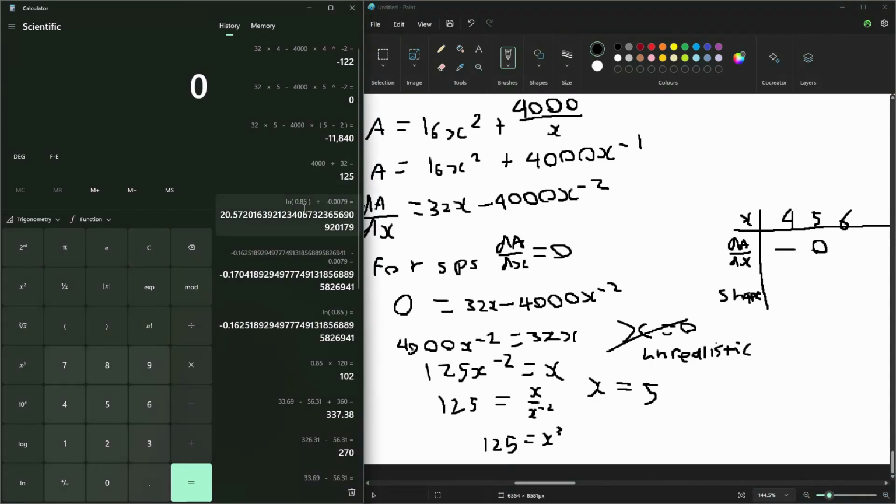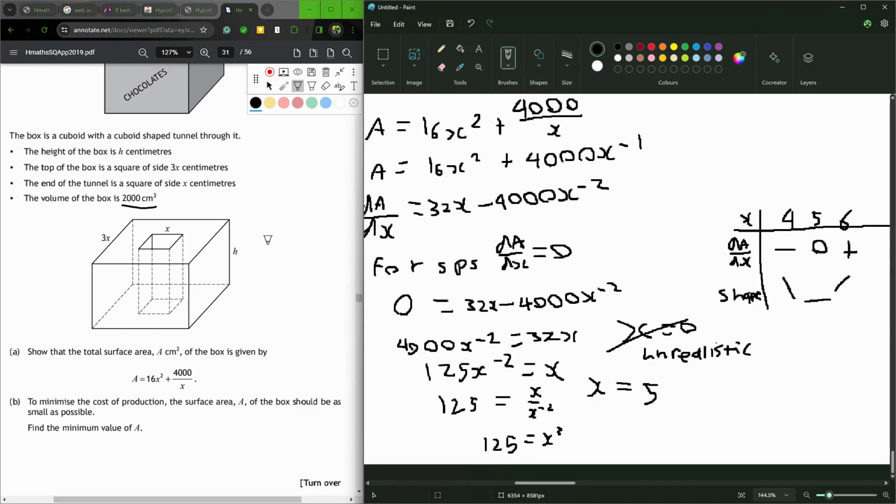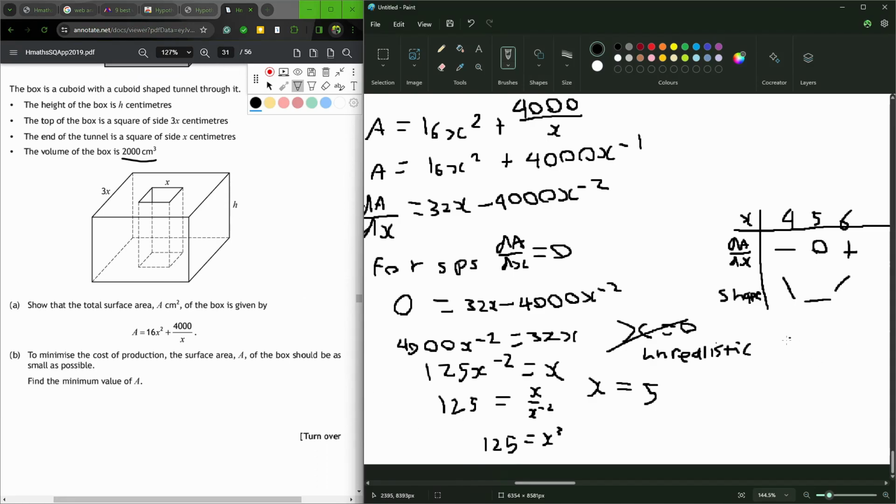So 32 times 6 minus 4,000 times 6 to the power of minus 2. Oh, and it's 80 or something. So that means shape looks like this. Okay, so that means we want it to be as small as possible, so we can say minimum turning. We can say it's a minimum stationary point.